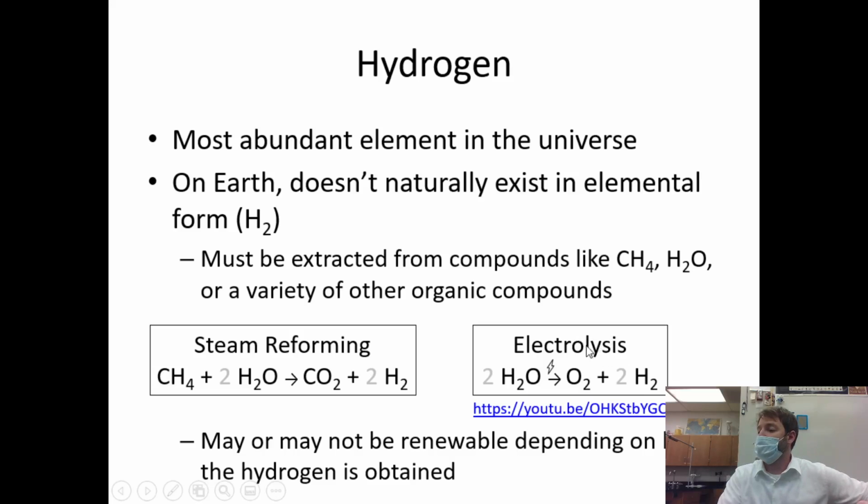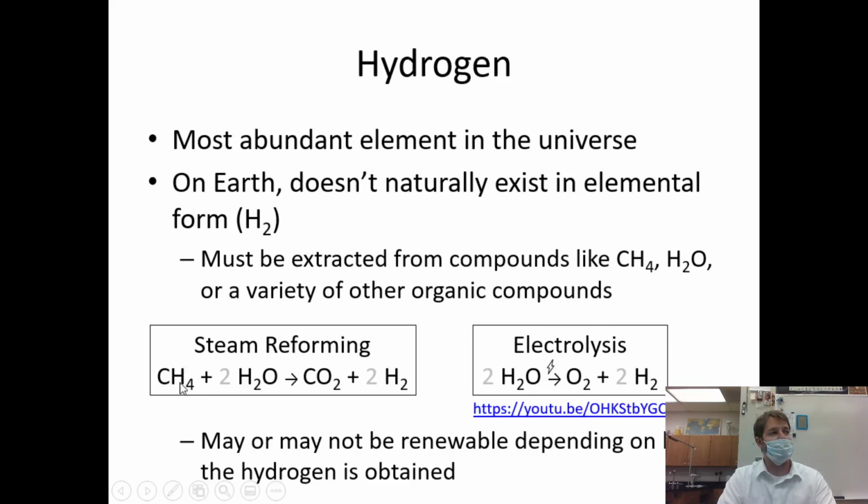So lysis means to split. Electrolysis is splitting with electricity. So if I take water and I put a current through it, I'm going to split it into oxygen and hydrogen. Hydrogen is flammable in the presence of oxygen, and that's where we can get that energy, because hydrogen is flammable. Okay? And it also reacts violently with oxygen. So that's one way of getting hydrogen.